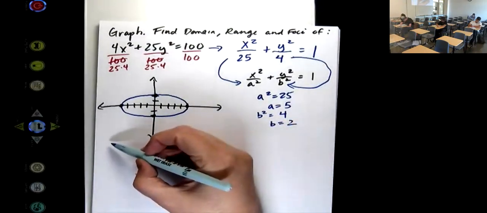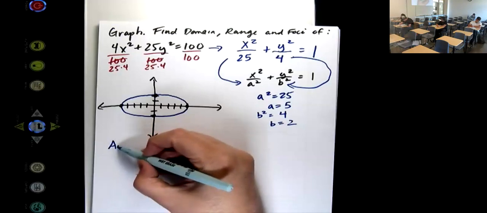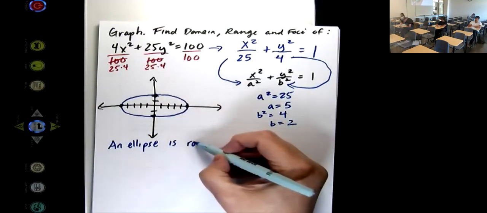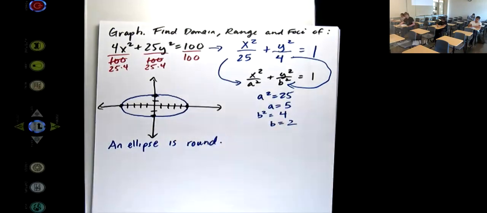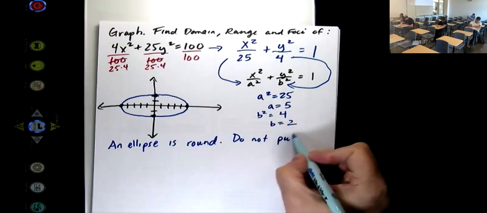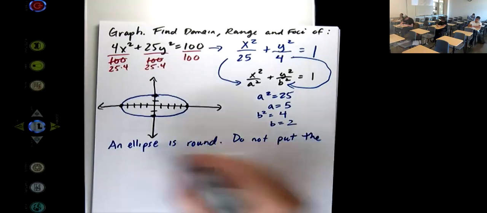Note when you are graphing, an ellipse is round. Do not put the 4 points and draw a diamond.